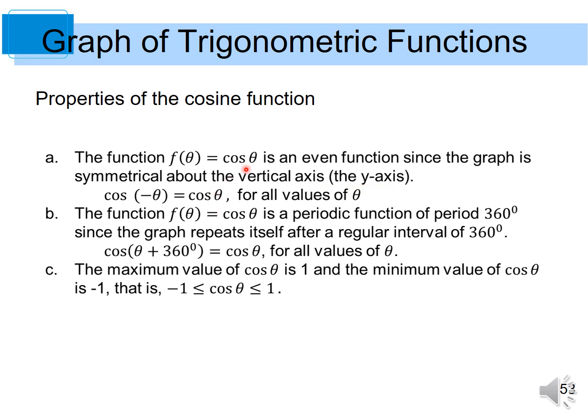And you can verify this function using the method that I showed you in the A part. And this function also is a periodic function of period 360 degree. And the range for this function is also the same as the sine function. It's between negative 1 and 1.